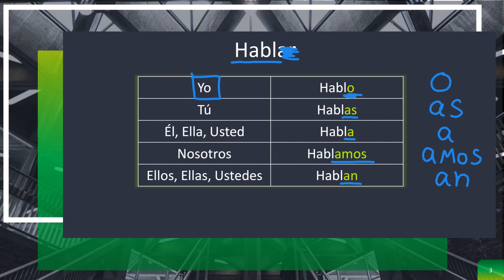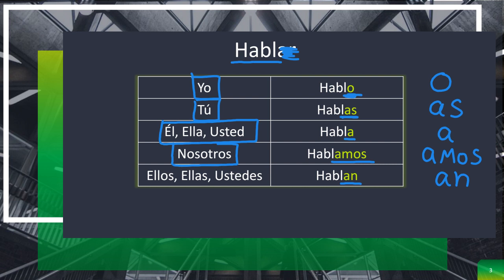Yo hablo. Remember, yo is I. Tú, which is you, is an AS ending, so tú hablas. If your subject is él, ella, or usted, which is he, she, or you, the formal version, then you end up with habla. You've got an A on the end.